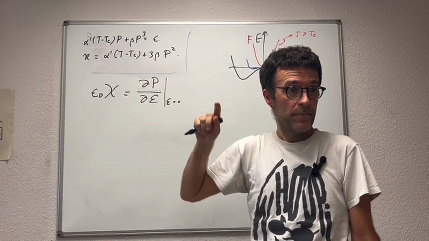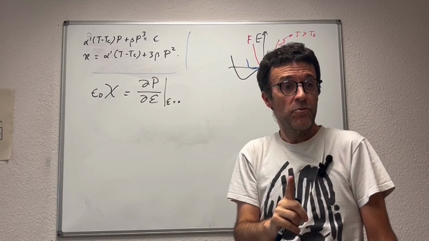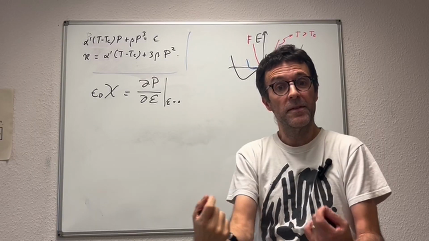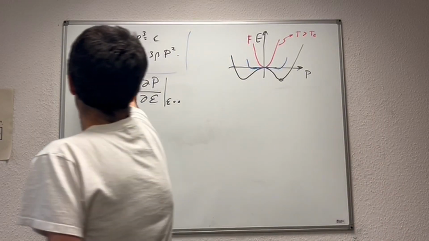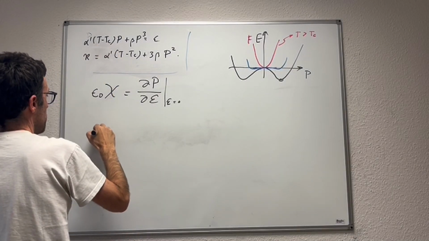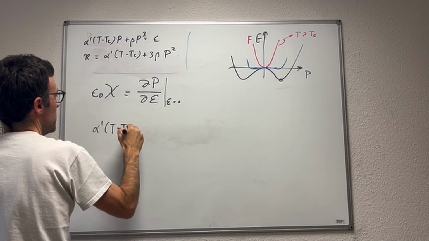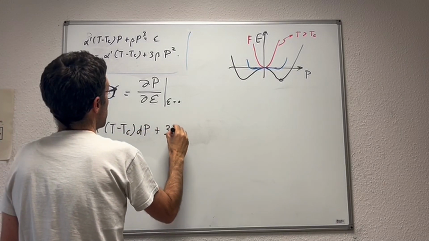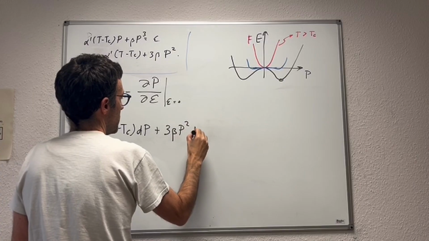So here we are going to assume that the only two things that can change are the polarization and the electric field, and that they can change independently. So if I take this equation and take the differential form, that's going to look a little bit like this: dP.